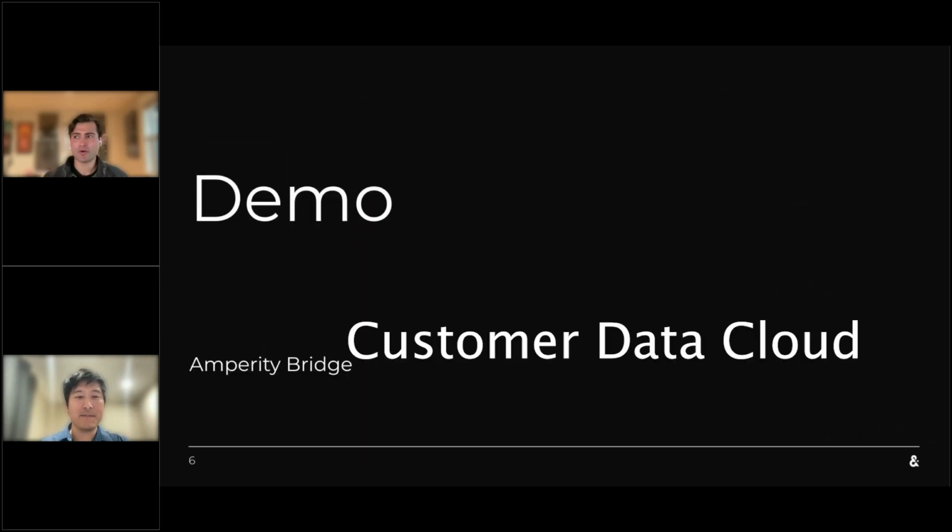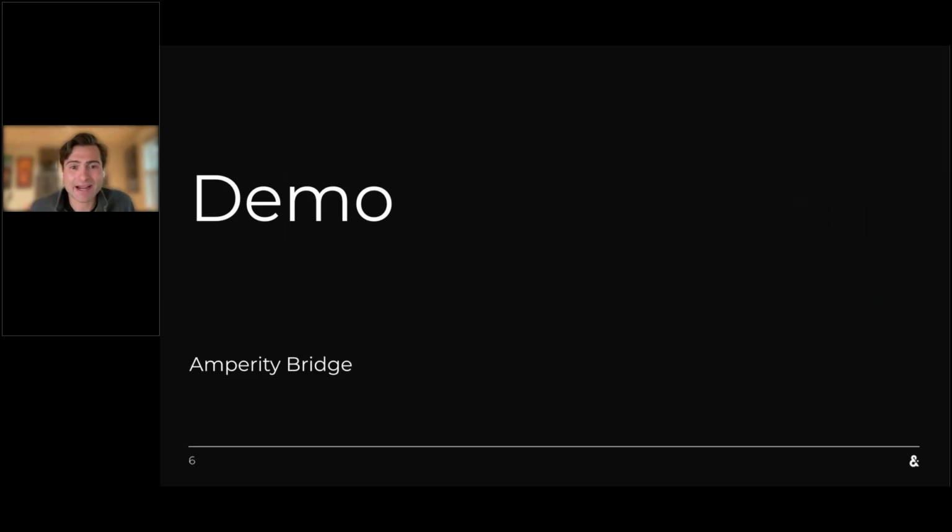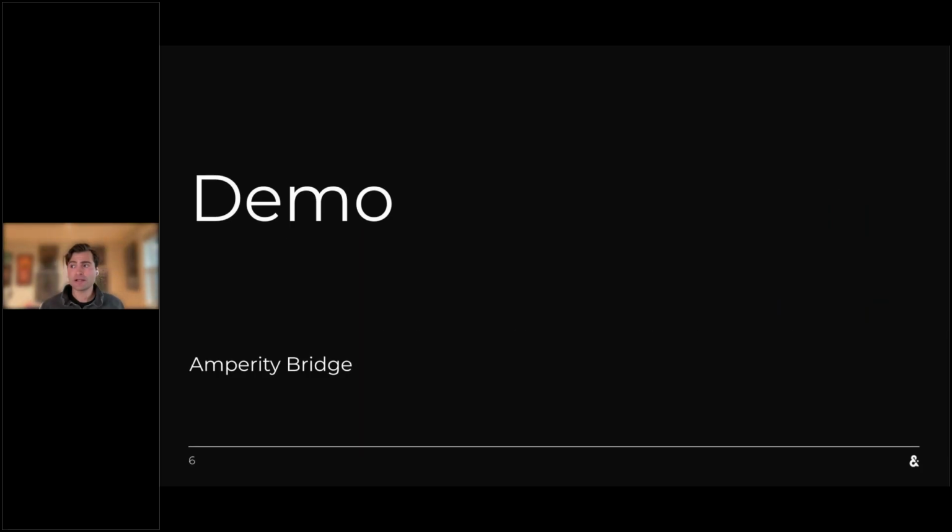So for today's demo, I'm going to play a role of a director of MarTech who needs to provide an accurate view of their customers for a downstream marketing team who's looking to run a campaign on their high-value customers that are at risk of churning. Now, without quality data to power those efforts, the marketing campaign will just be less effective, resulting in more customers churning from the business.